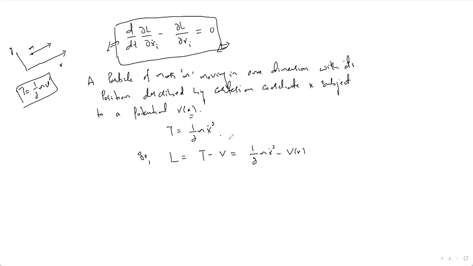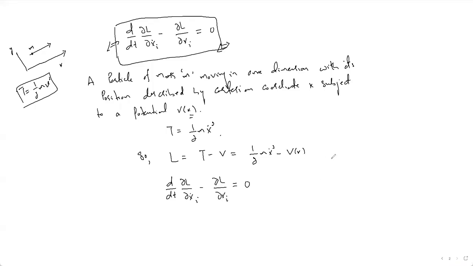Now what is the Lagrangian equation of motion? It is d by dt of partial L by partial x dot minus partial L by partial x equal to 0. Let us obtain these values and substitute them into this equation.